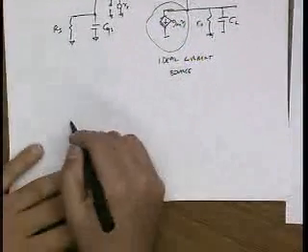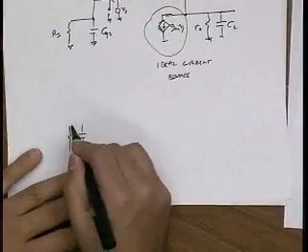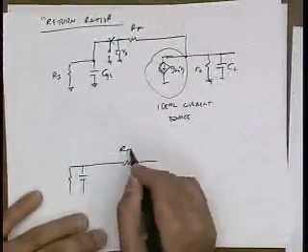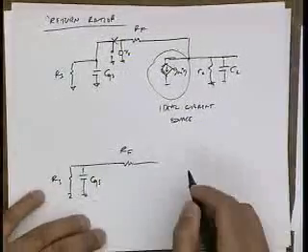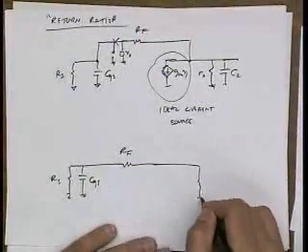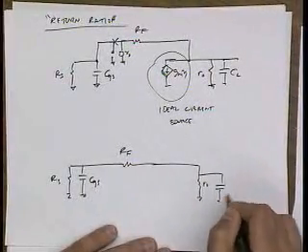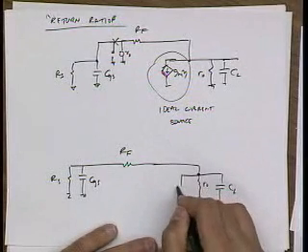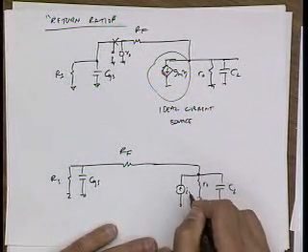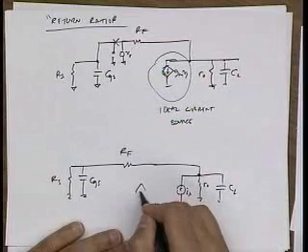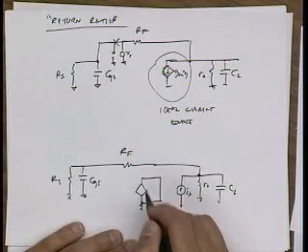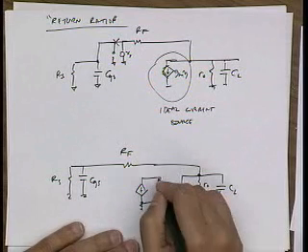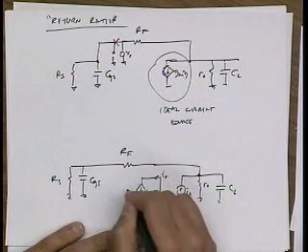So here's the way to break the loop. I'm going to inject a test current, let's call it Ix, and simply observe this current, let's call it IR.